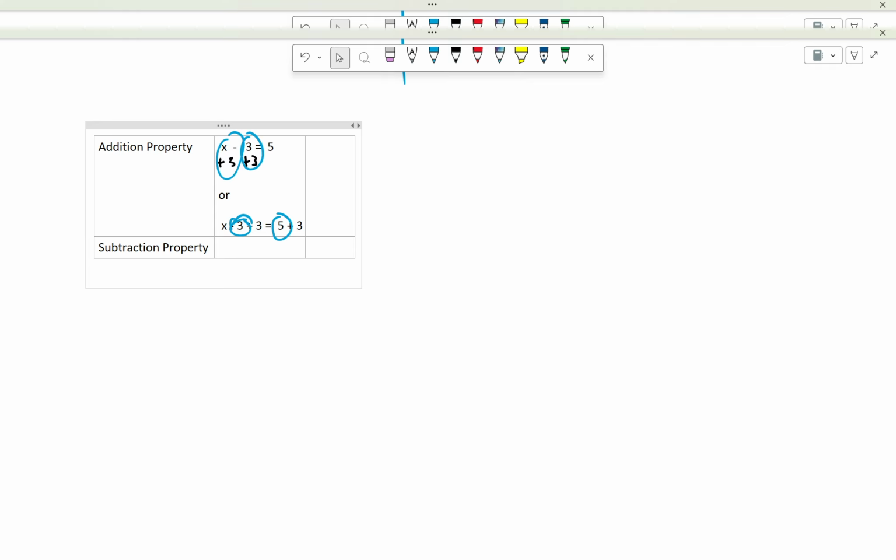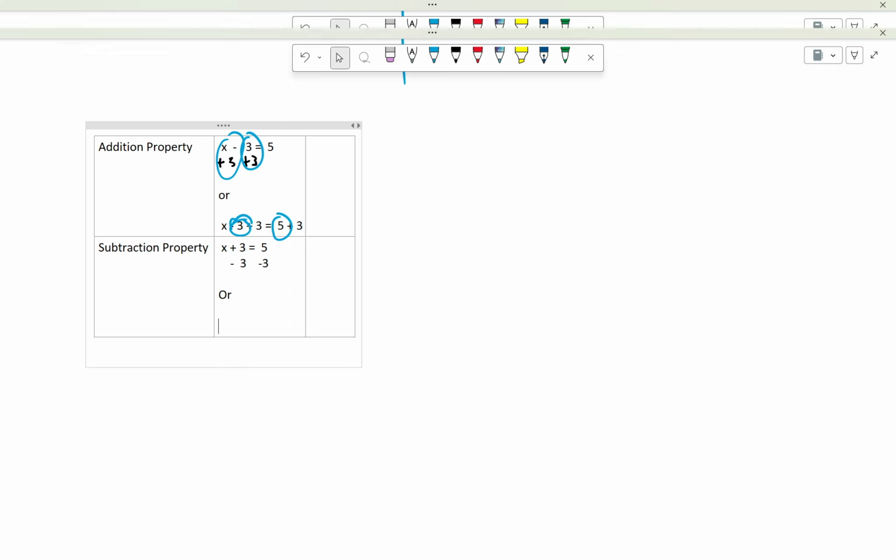All right, the subtraction property states we're going to have x plus 3 is equal to 5. Okay? And below, you would see a minus 3 and a minus 3 right underneath.